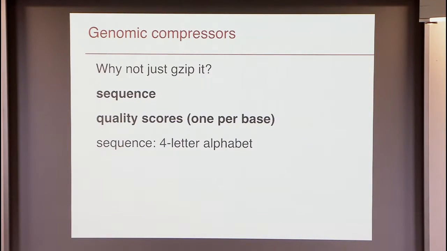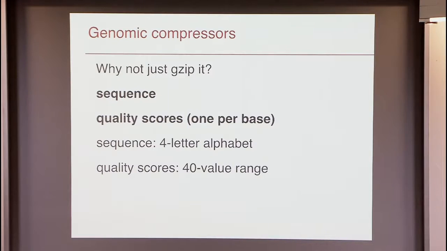And when we're talking about how much uncompressed space these require, or how much compressed space, our sequence is only a 4-letter alphabet, but our quality scores, if we're talking about Phred scores from Illumina, are until recently a 40-value range. So there's a higher dynamic range here. There's more information content per position, so it's going to require more space.